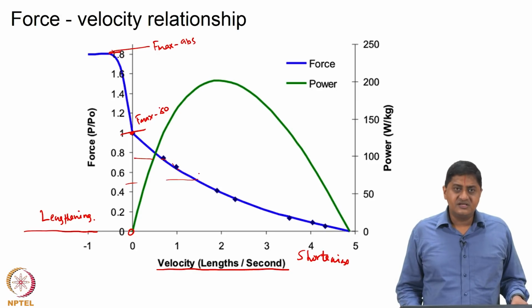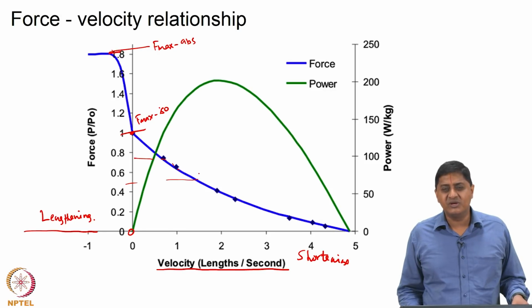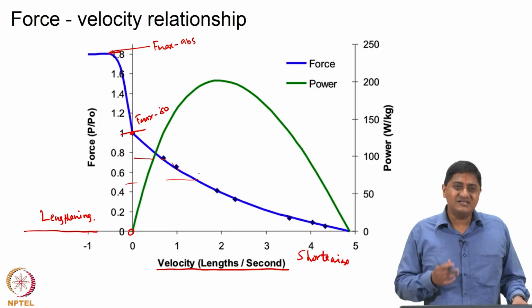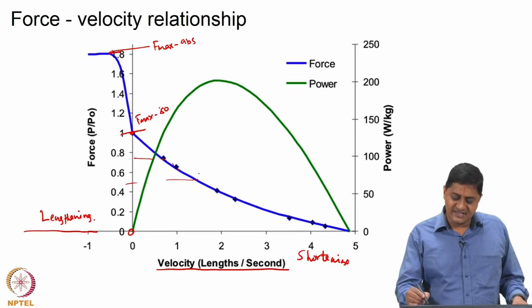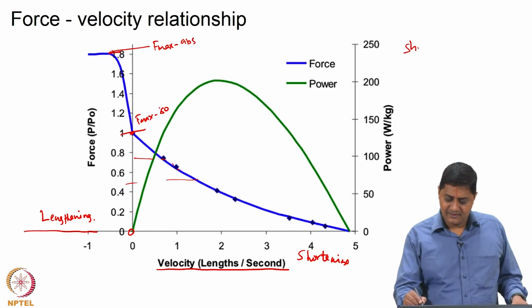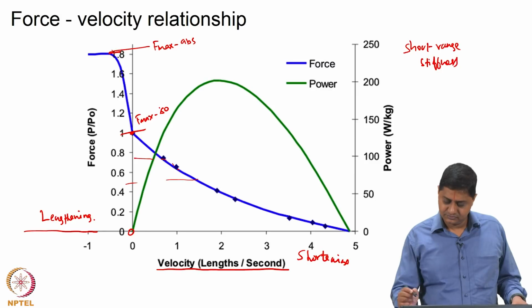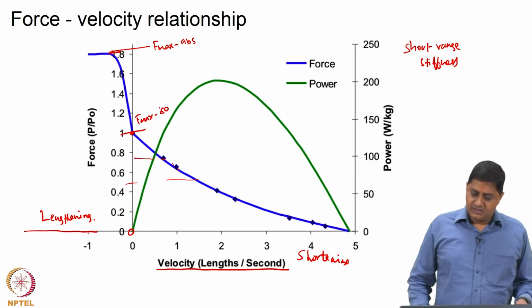In general, if there is an activation before the experiment, there is going to be an increased ability of the muscle to show stiffness, or an enhanced stiffness, but this does not last for a long time after the exercise. So, this temporary, transient increase post exercise is called short range stiffness, right.